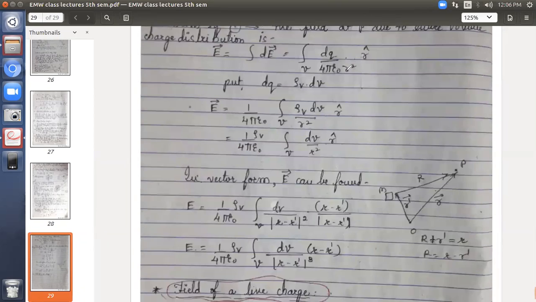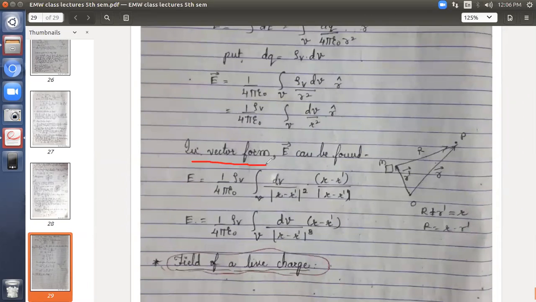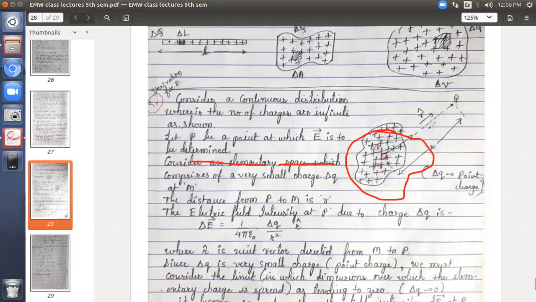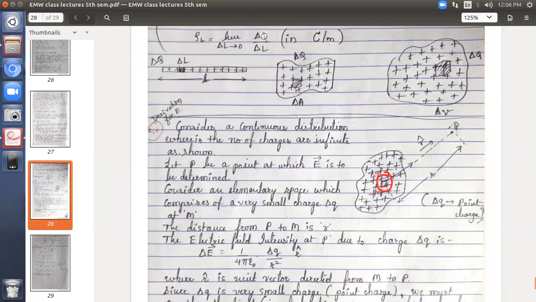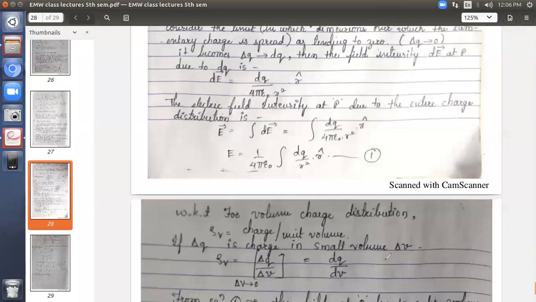Now here I have written it in vector form. How can we write it? Remember, this is the same figure which is used here. See, both figures are the same. Point M and point P are there, distance R, and delta Q at point M. I have drawn the same figure here one more time.